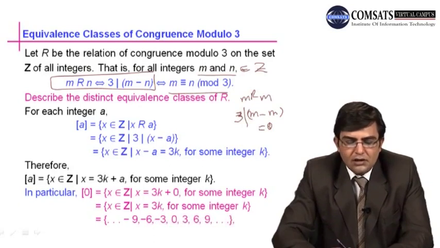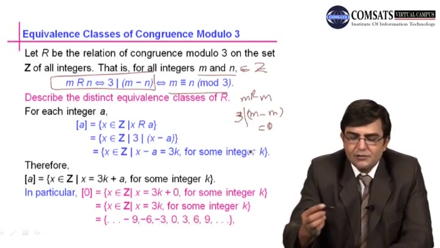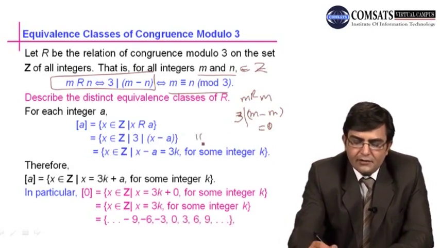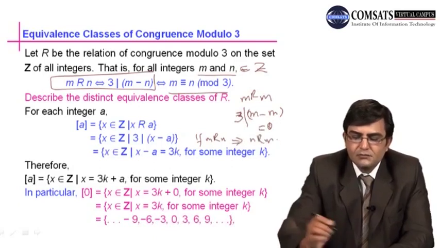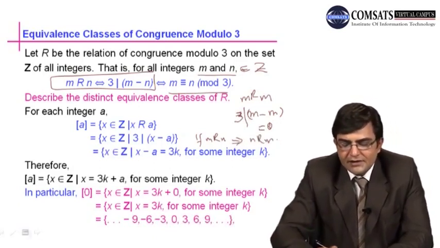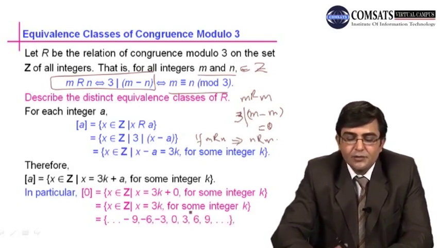Now we want to prove whether this relation is symmetric or not. To prove that this relation is symmetric, we have to prove if m is related to n, this implies n is related to m. If m is related to n, what does it mean? 3 divides m minus n, and we have to prove 3 divides n minus m.